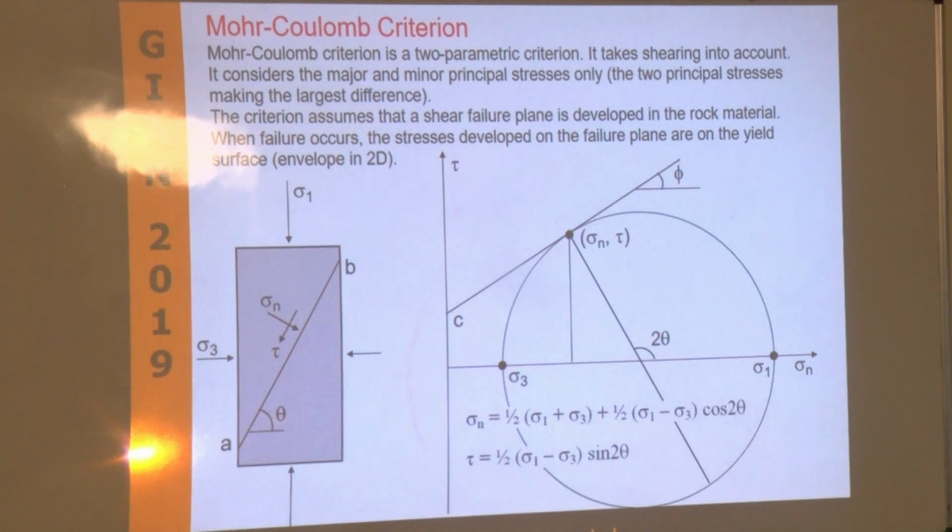So it's a shear criterion. You assume the failure is along the shear plane, and the shear plane will have some cohesion and some friction. So that was developed for soil and was being used directly for rock. Okay?